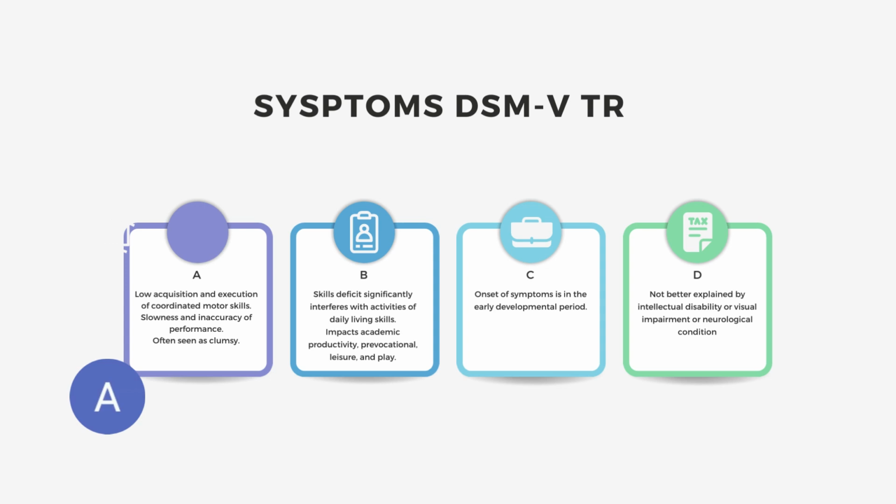So it should be a standalone disorder only focusing on the motor movement. But this does not mean that if a child has another diagnosis, they do not have motor discoordination. This just means that to be diagnosed specifically with developmental coordination disorder, it must not be explained by any other neurodevelopmental disorders.